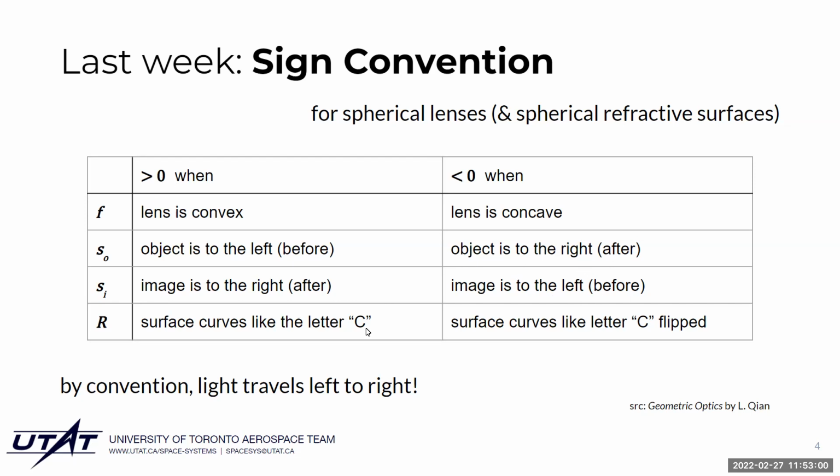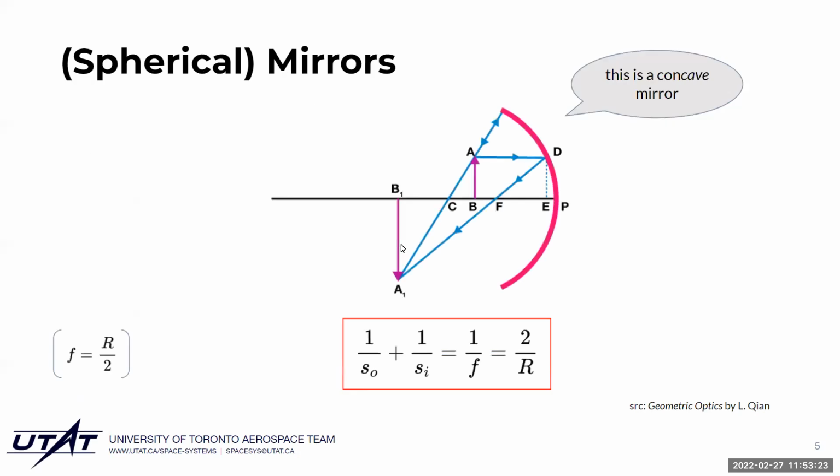The other is just flipped. And for the radius of curvature, for spherical lenses and also spherical refractive surfaces, if it curves like a C, then it's positive. If it's flipped, then it's negative. And in our diagrams, we always assume light goes left to right. Right, so mirrors, here we are.